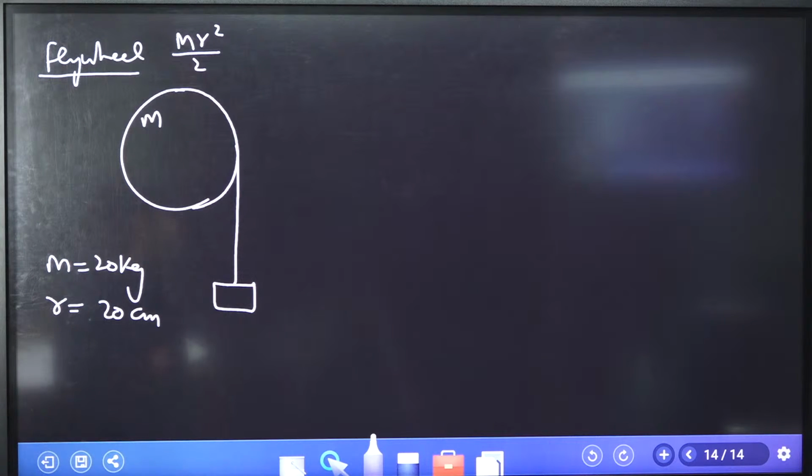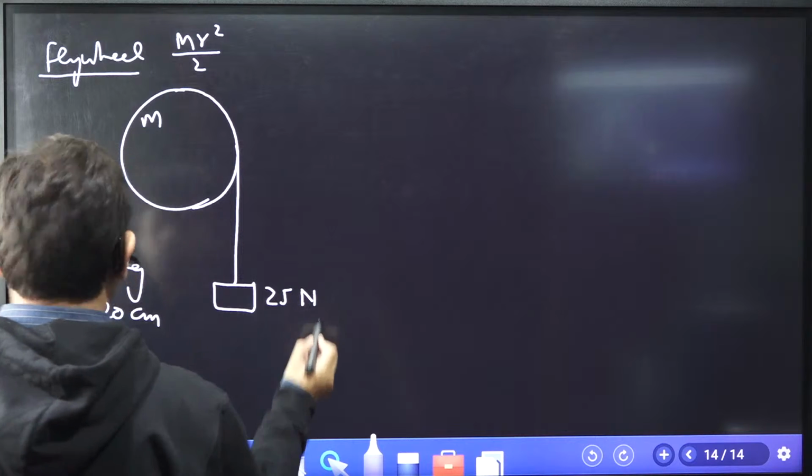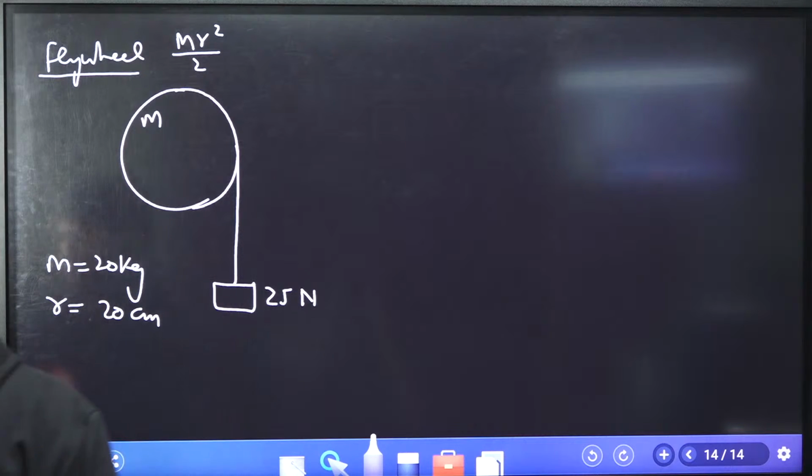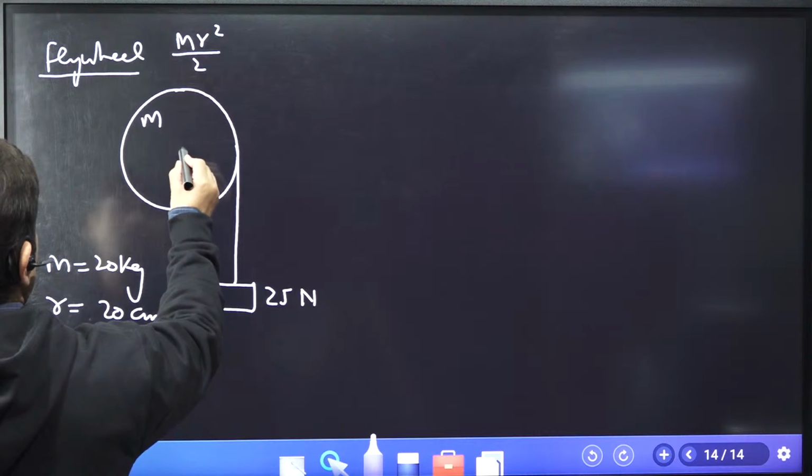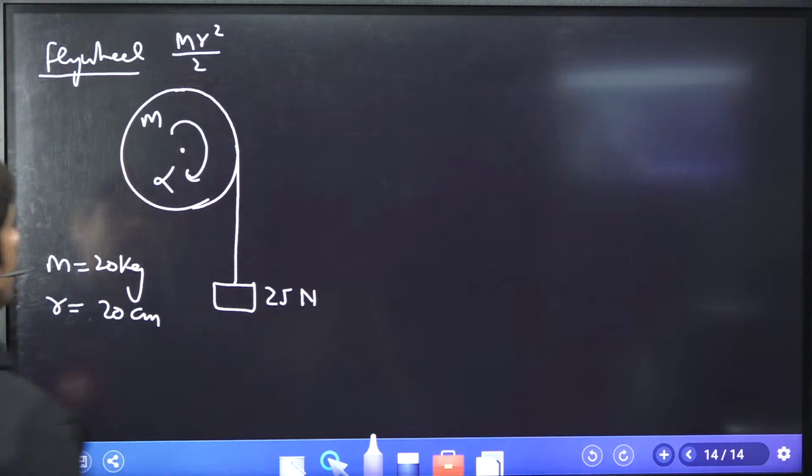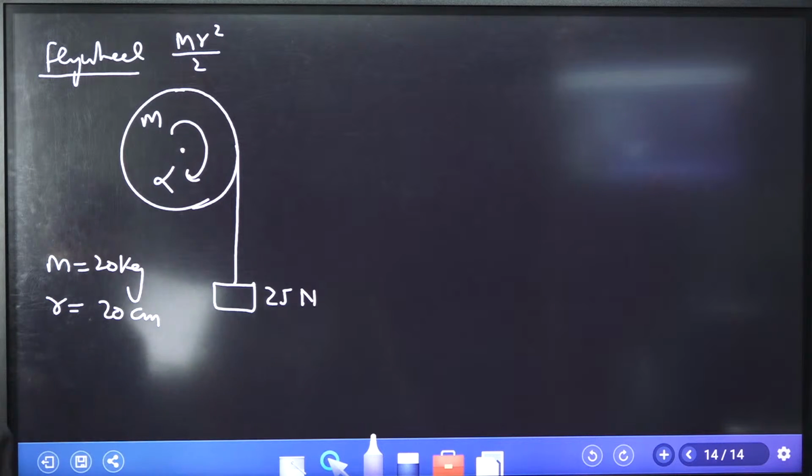Now there's a steady pull of 25 Newton applied at one of the ends of the cord. Neglecting friction and mass of the string, you have to find out the angular acceleration alpha of the flywheel.